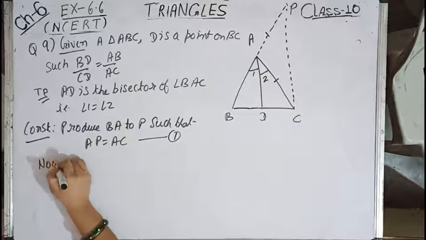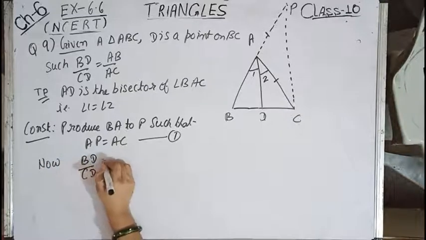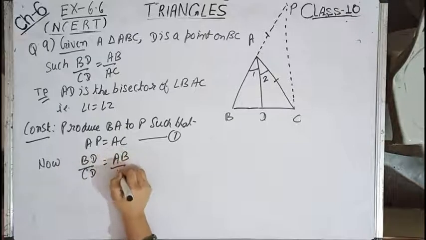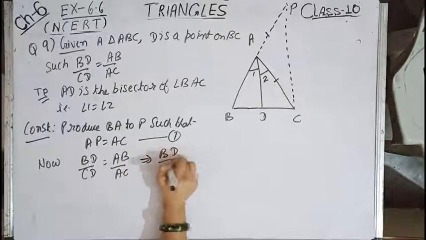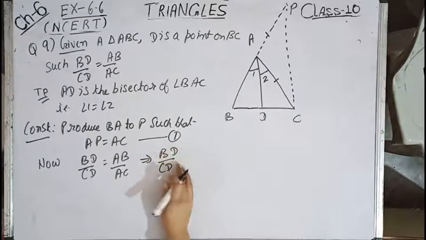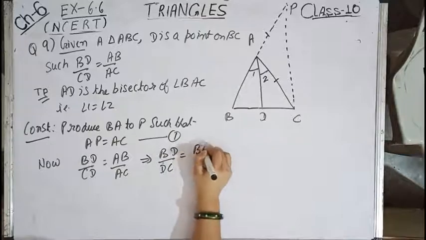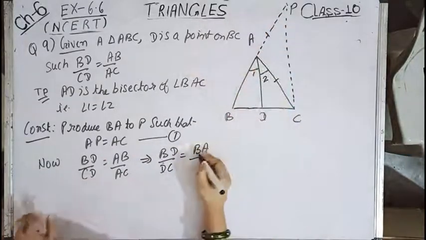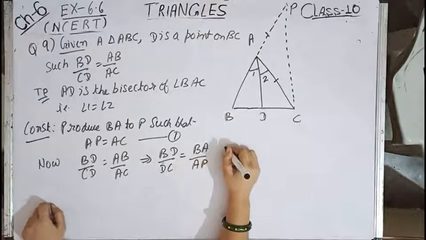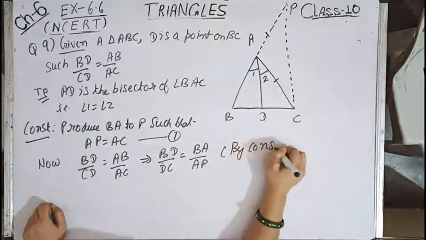Now BD by CD equals AB by AC implies BD by DC equals BA by AC, and this AC equals AP, so BA by AP, by construction.